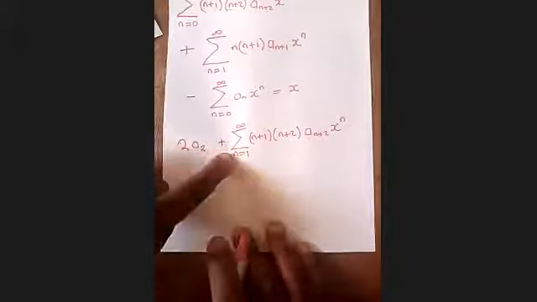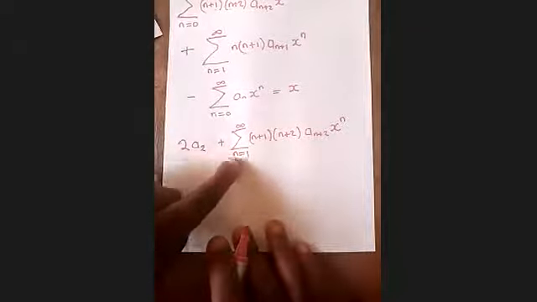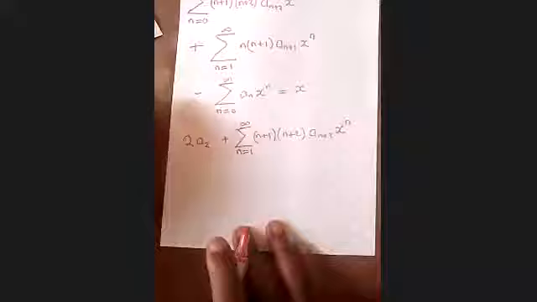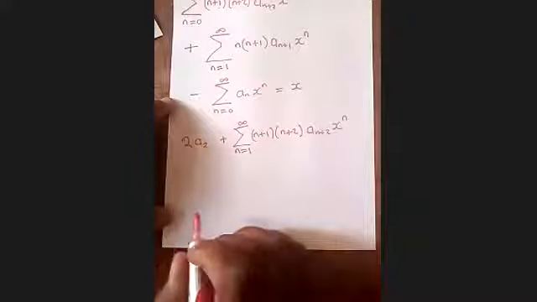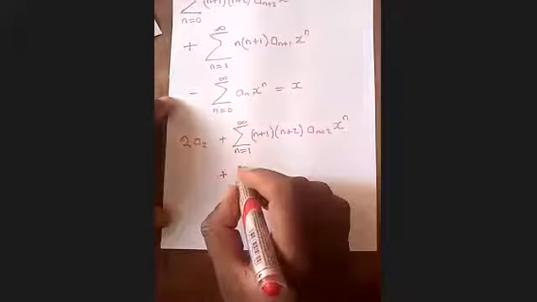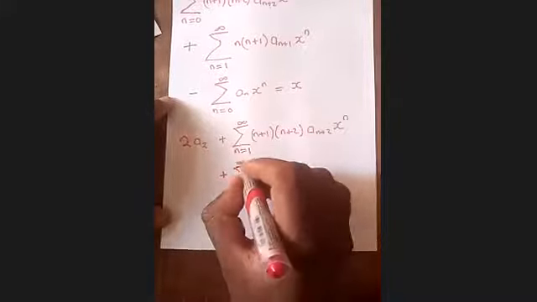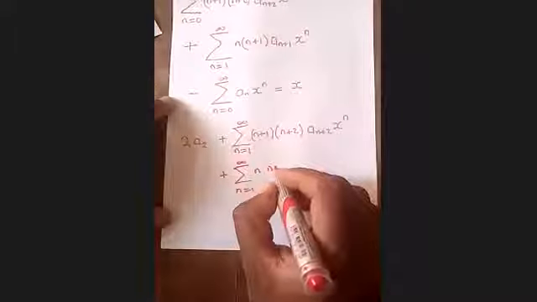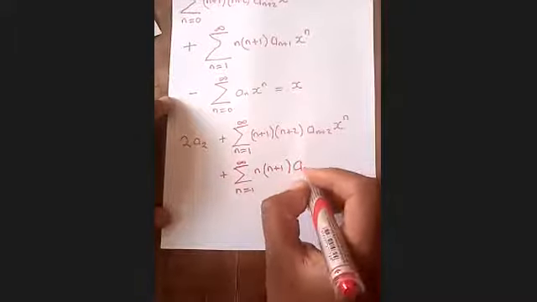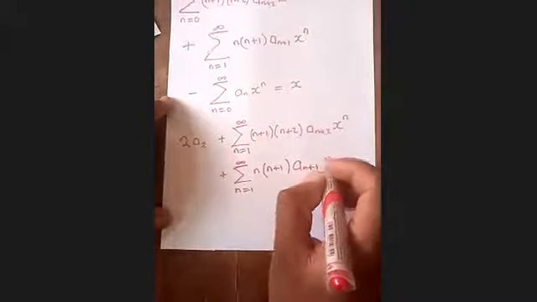Okay, so that's the first one. I just want to change this indexing to start from n equals 1, so just write out the first term. This should not be confusing. The second term is still n equals 1, so I just write it the way it is: n equals 1 to infinity, n plus 1, a n plus 1, then x to the n.